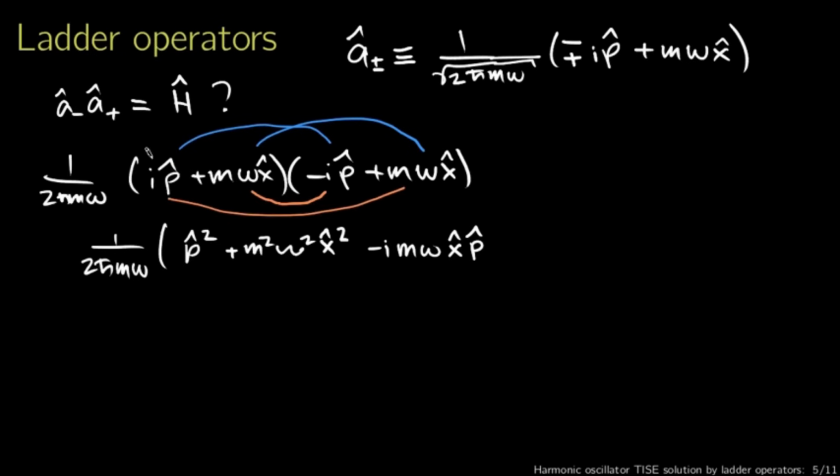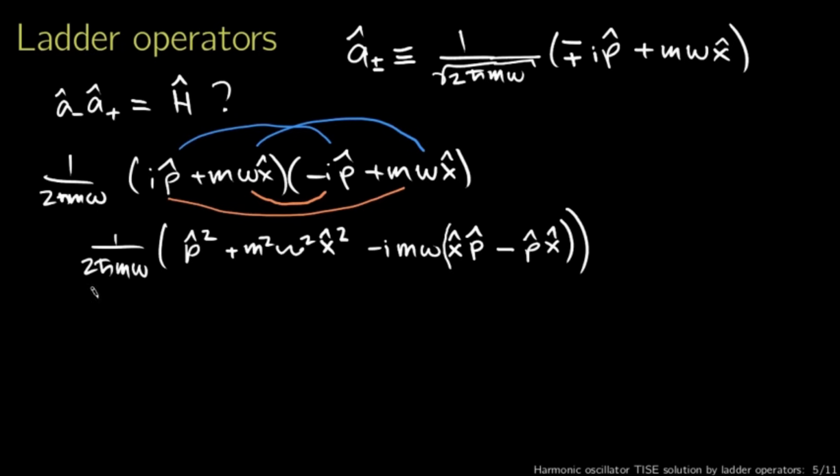We're going to have an i, an m, an omega, except in this case we're going to have p hat, x hat, not x hat, p hat, as we had here. So I'm going to factor the constants out. That means we're going to have minus p hat, x hat here. So this is what we get when we expand this out.